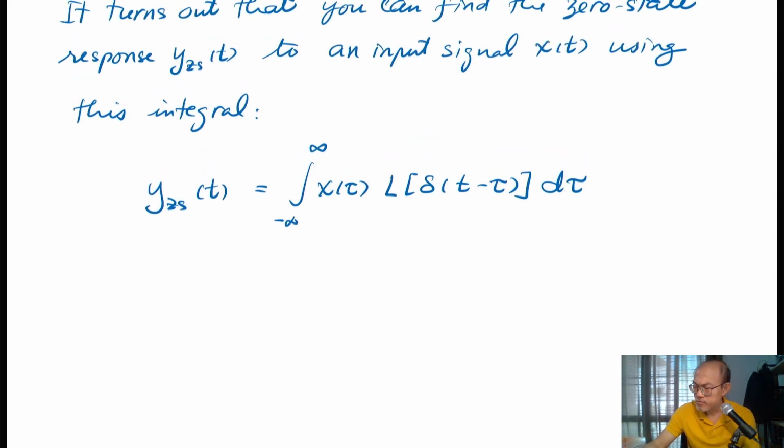Now, the interesting term inside the integral is this one. So what is it here? The term L of delta t is called the impulse response.